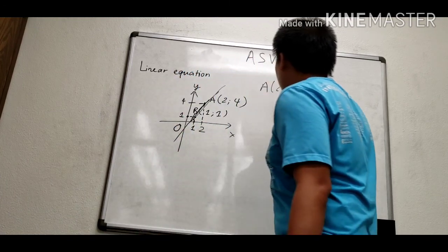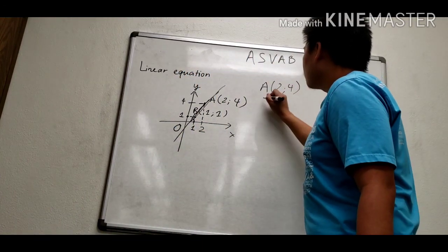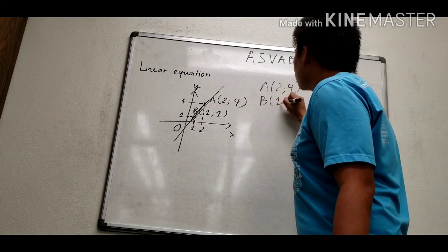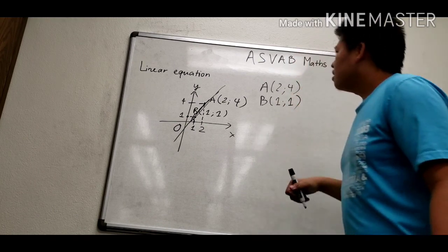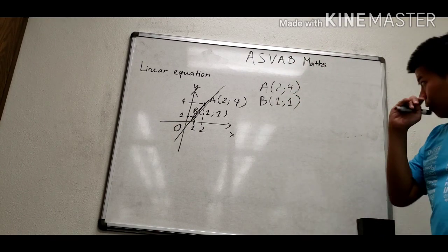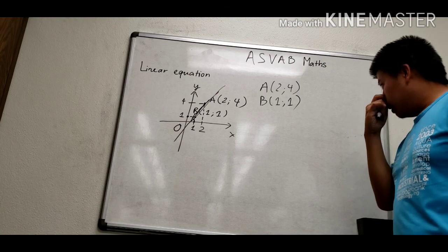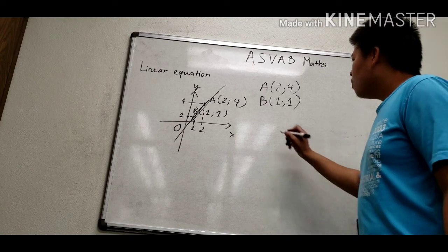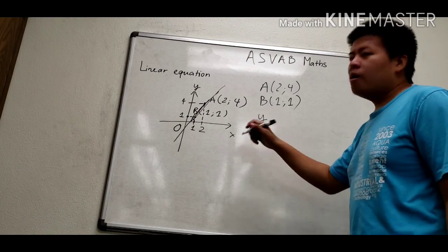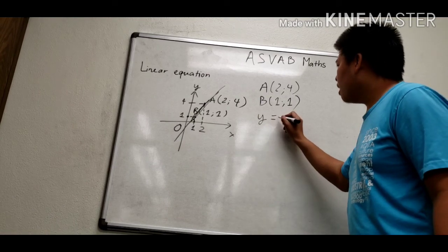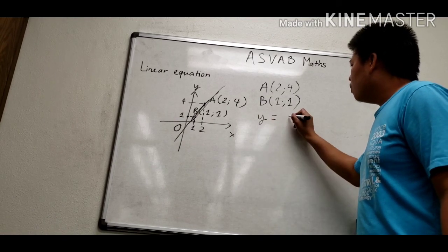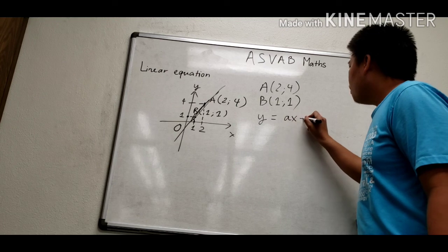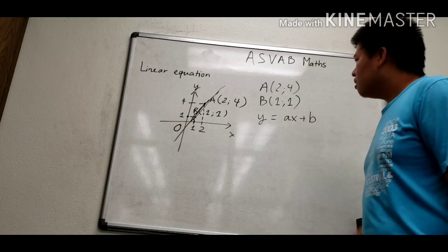So we will calculate how to find the linear equation. First, I just write it down here. This is on the test, and we need to learn how to do about linear equation. We have the formula of the linear equation is about y equal to ax plus b.